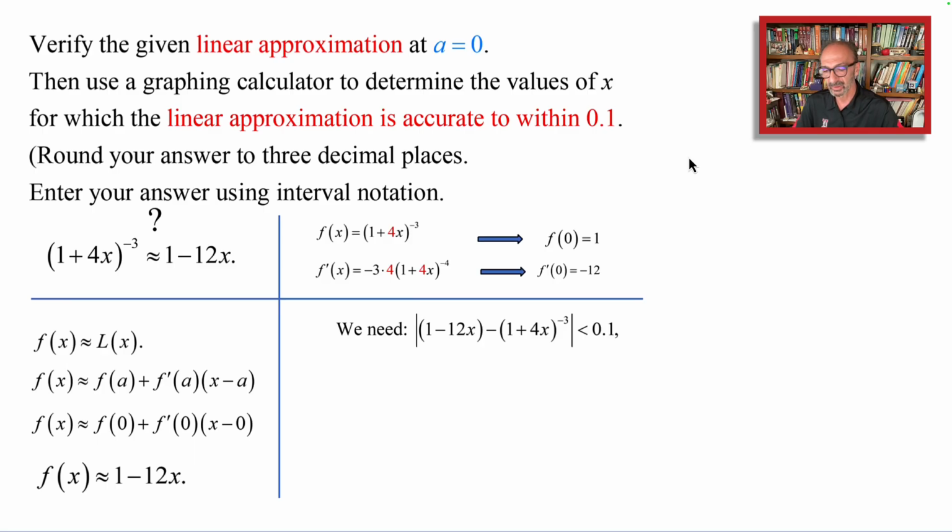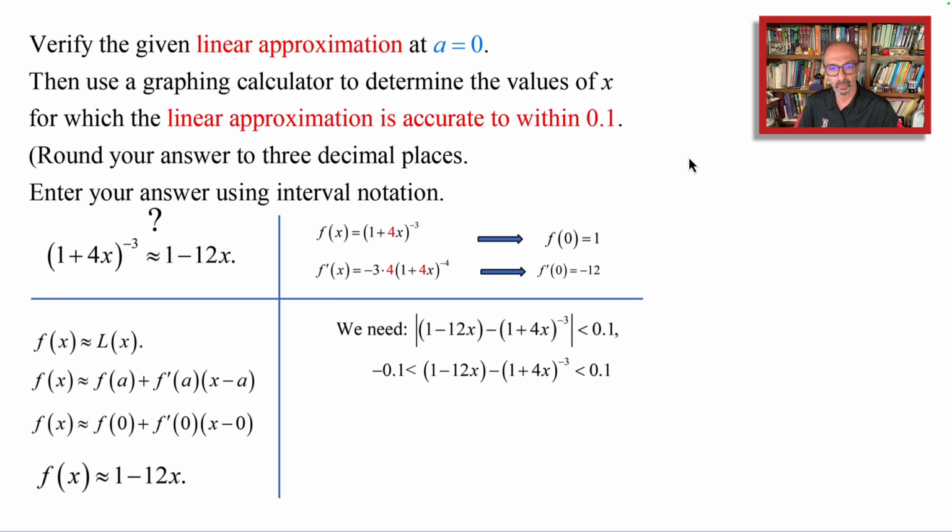Hopefully that's clear. Now we know that from pre-calculus and college algebra how to solve absolute value less than something. So it has to go less than that number and greater than the opposite, which is negative. That's part of the absolute value properties. No absolute value, as you could see, so I have the difference less than 0.1 and greater than negative 0.1. We're going to add this to all three sides.